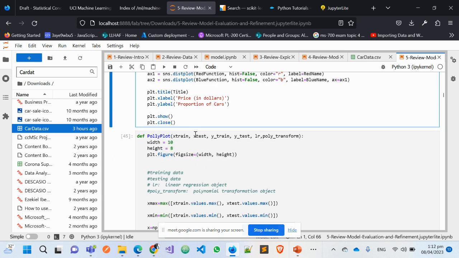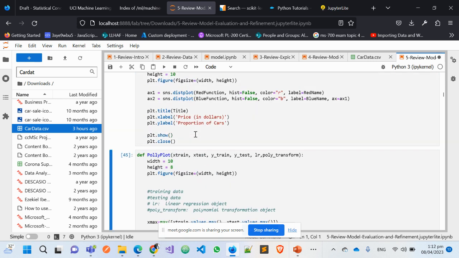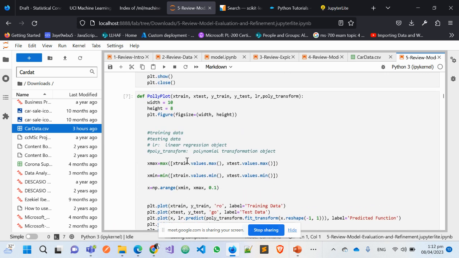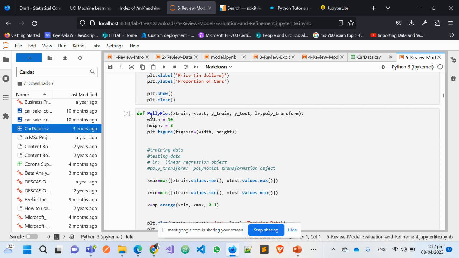Now, coming down, we have another plot, the polyplots. For the polyplots, we are also defining a function, where we have our x train, x test, y train, y test, linear regression, and polynomial transform.